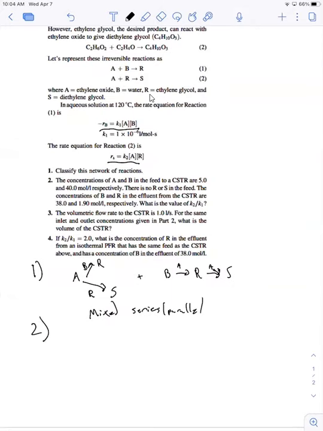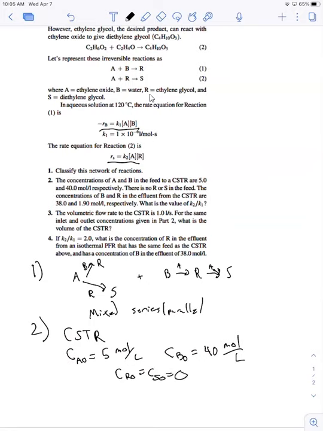So for part two though, it's gonna say we have a CSTR, and the concentrations in the feed are CA naught equals 5 moles per liter, and CB naught equals 40 moles per liter. And it says there's no R or S in the feed, so CR naught equals CS naught equals 0.